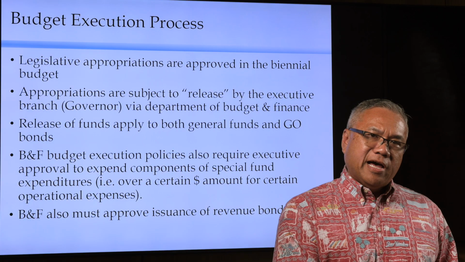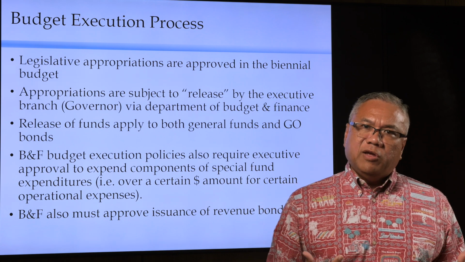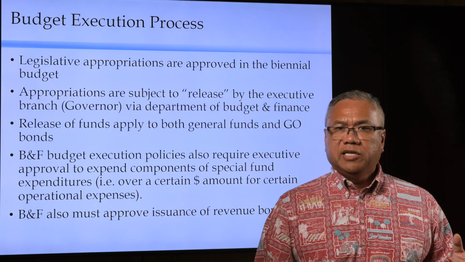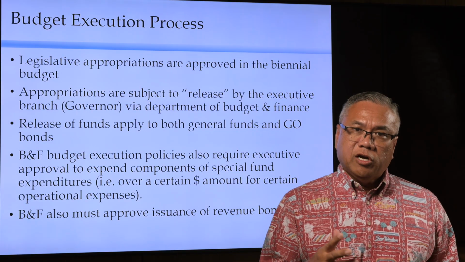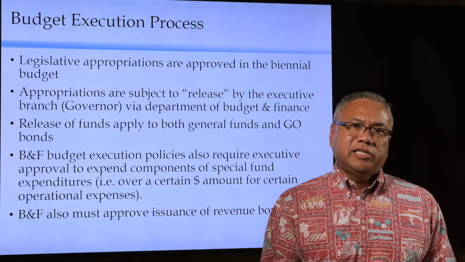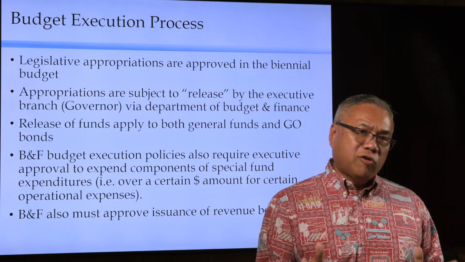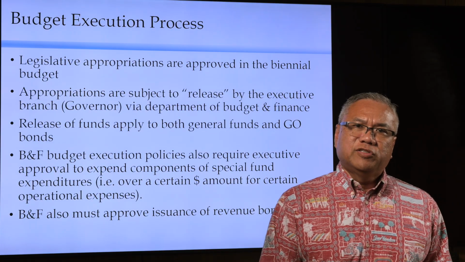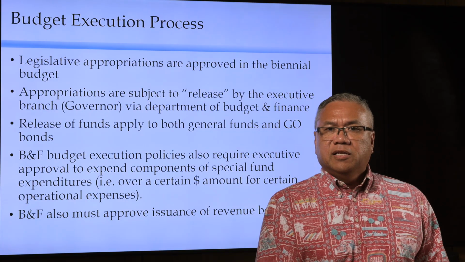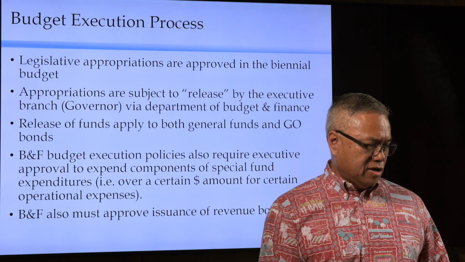These are all governed by budget and finance policies issued by the state. The University of Hawaiʻi, although we are an autonomous agency, or considered a semi-autonomous agency governed by a separate board of regents, is still a state department and still required to adhere to executive branch policies and budget execution requirements. So your chief financial officer for the university works with and is governed by the state budget and finance director and its policies about how to deploy and execute on the budget.